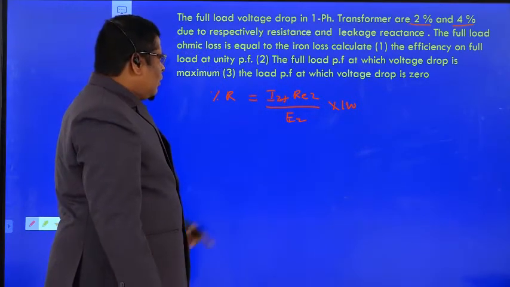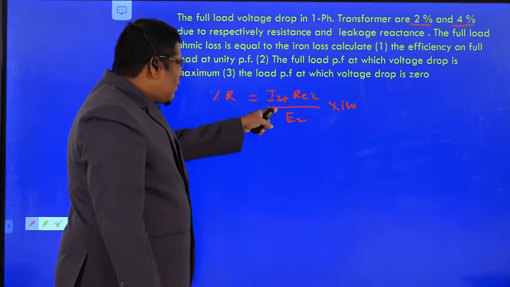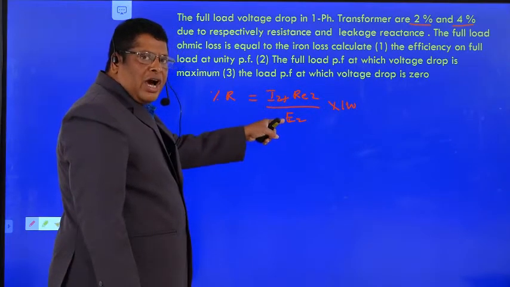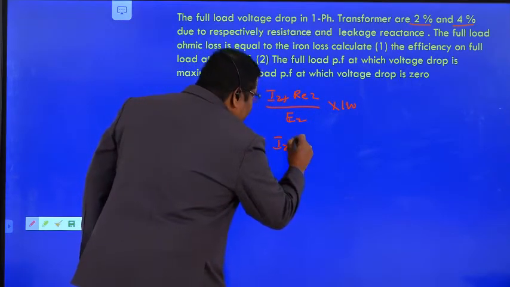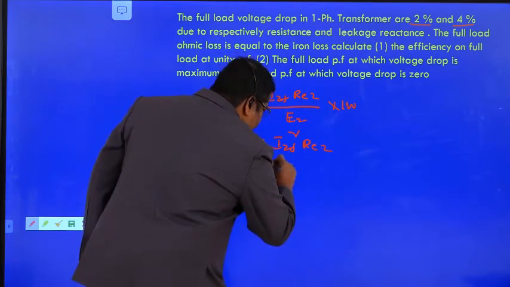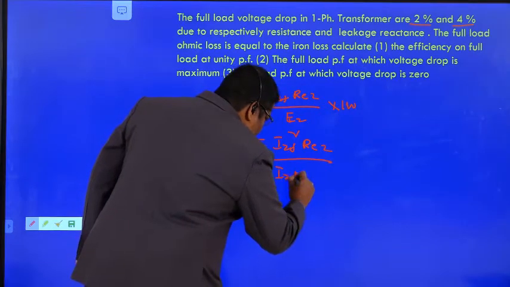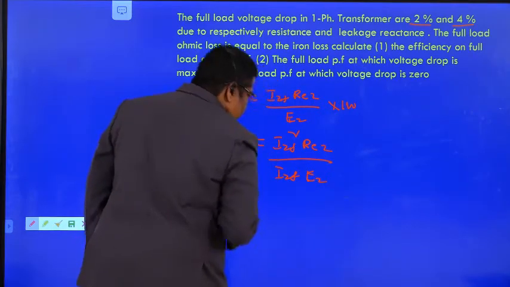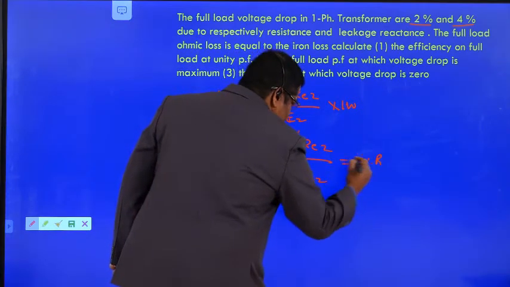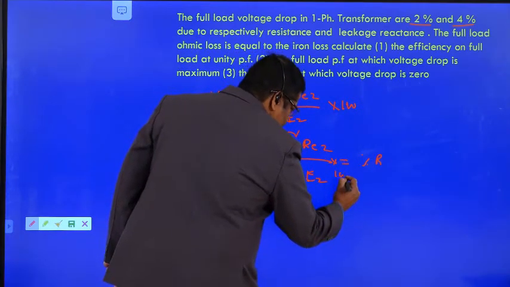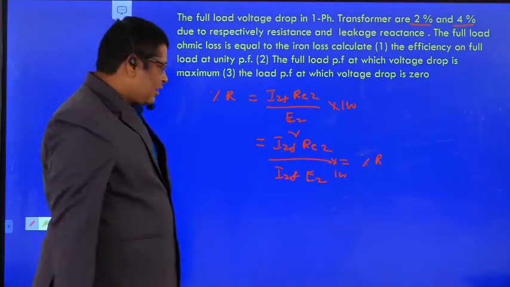Now you multiply the numerator and denominator with I2F. So I2F square Re2 divided by I2F E2 is equal to percentage resistance, with the 100 here.